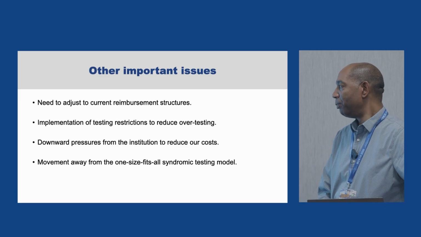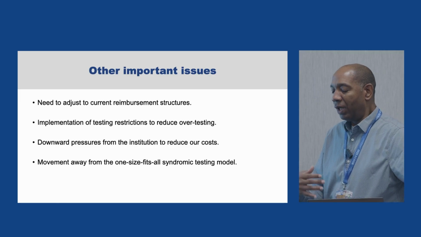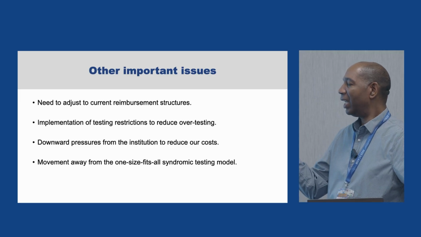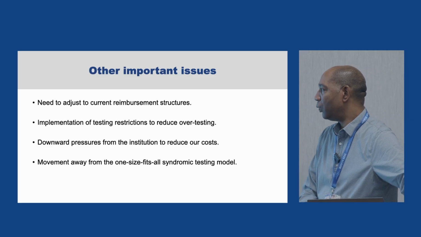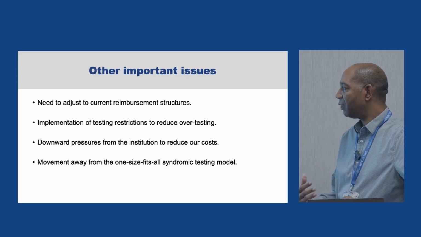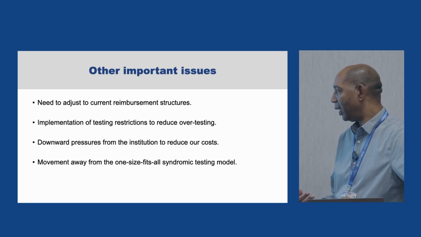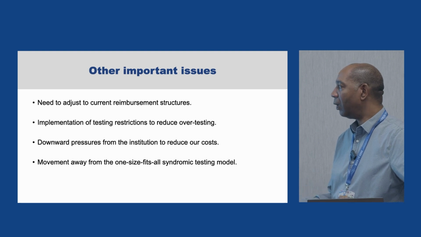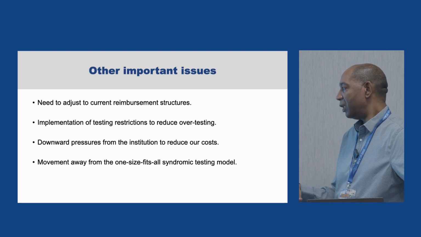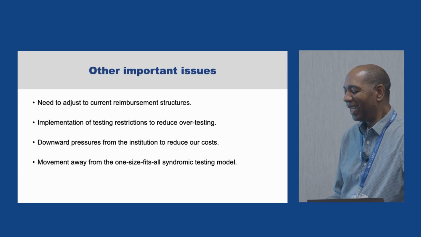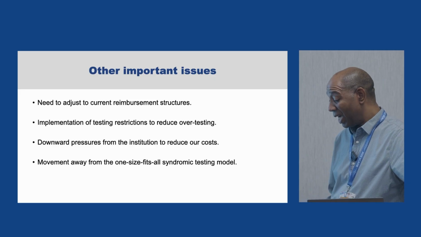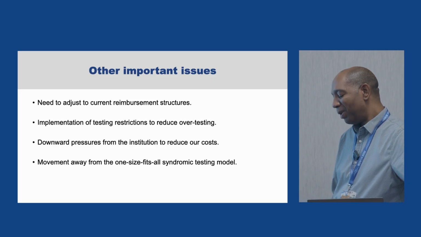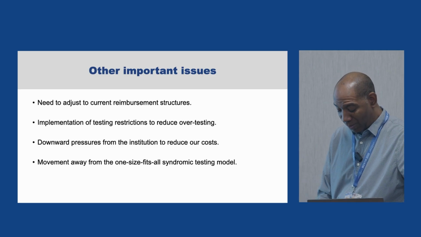We are in the process of trying to implement restrictions that are probably going to follow some of these new models to ensure that our institution can be reimbursed for what we do as well, because we're feeling all of these downward pressures to reduce our costs, and we do want to get rid of the one-size-fits-all syndromic testing models, except for maybe the sickest of our sick immunocompromised patients, because it's just too much.